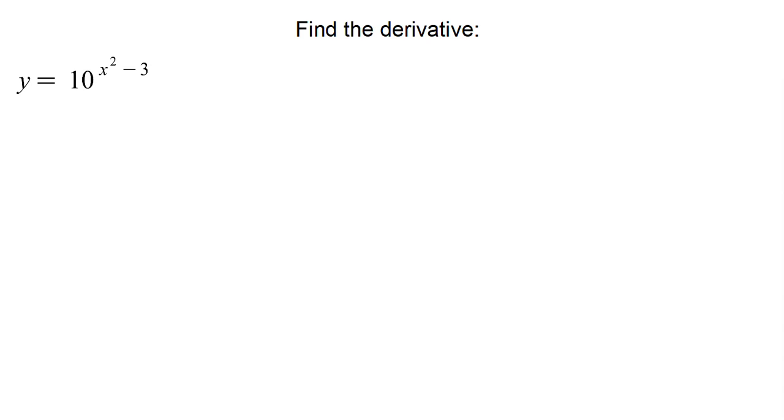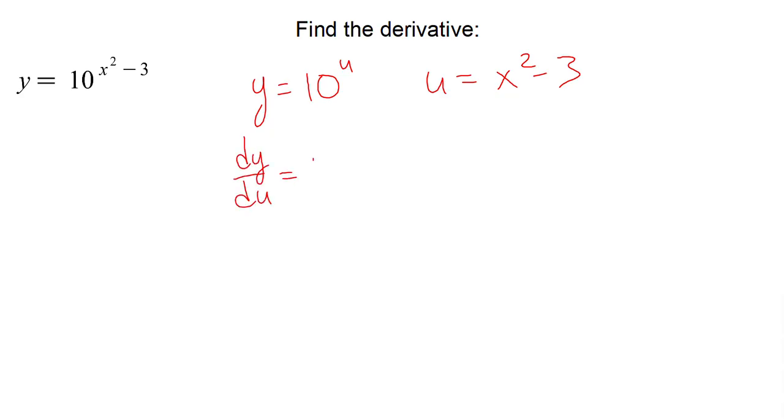All right, here we've got 10 to the x squared minus 3. So again, this is another exponential function. This is y equals 10 to the u, where u is equal to x squared minus 3. So we'll take our derivative with respect to u of y, dy/du, should be 10 to the u times the natural log of 10.